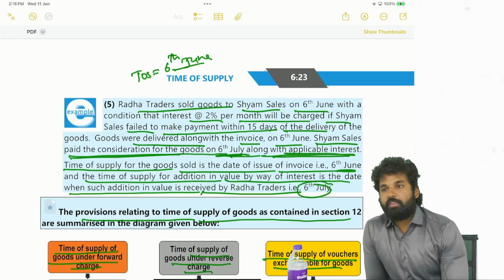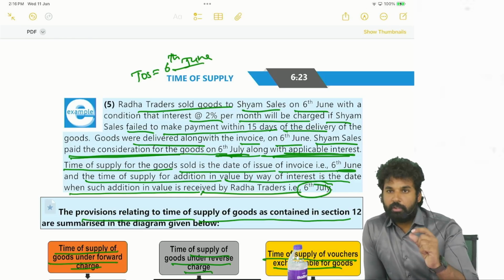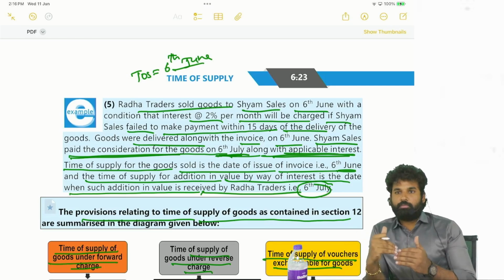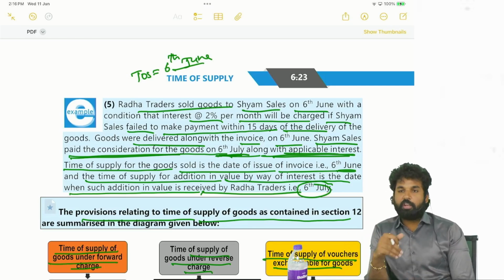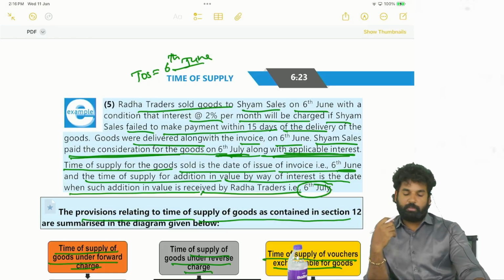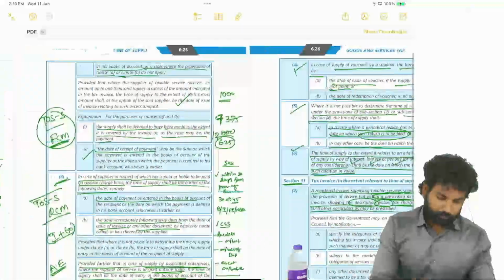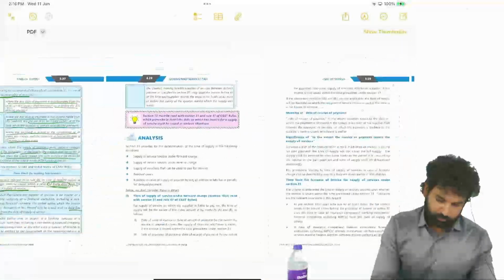Okay, 6th July will be the time of supply for interest amount, not for the entire consideration. 6th June is the time of supply for original supply. With respect to addition in value, that is with respect to interest, what is the time of supply? 6th July will be the time of supply, date of payment. Okay, next we have other illustrations also.